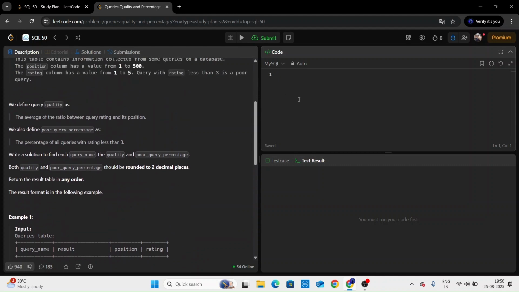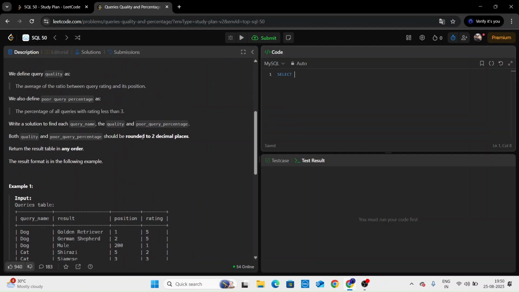Try to code it. Okay, select query name. Then we need to use the round function.